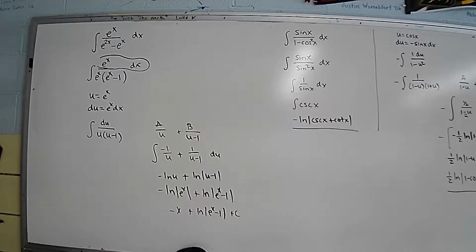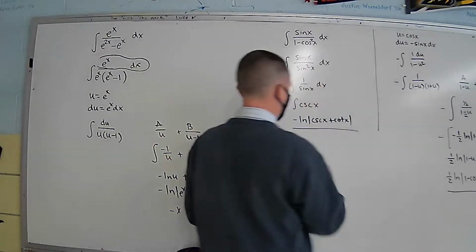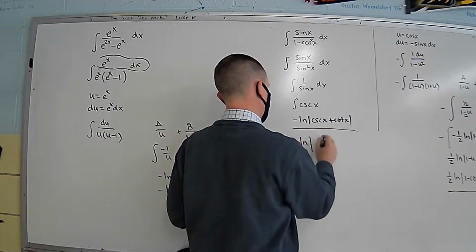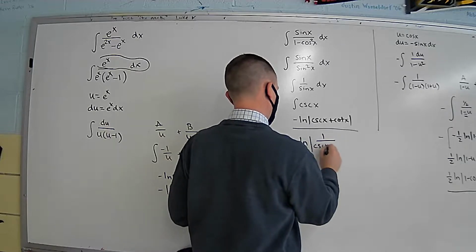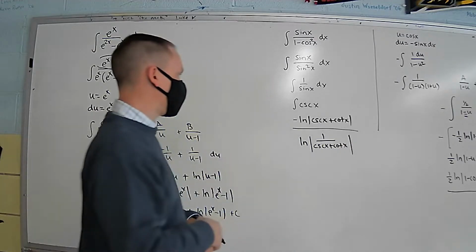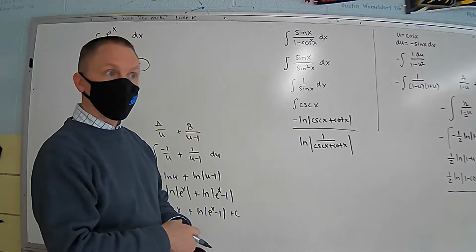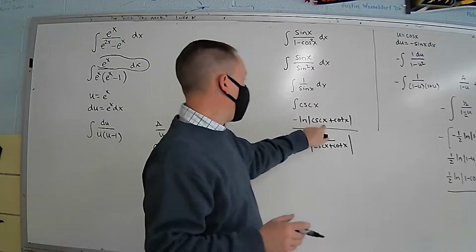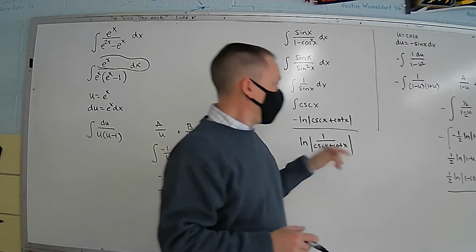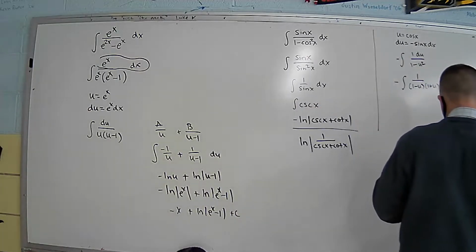Are those equivalent? Well, I will say that this one right here, isn't this the same as this? Because really that negative can make that whole thing to the negative 1. So that's why those are equivalent. Isn't this right here the same as this?